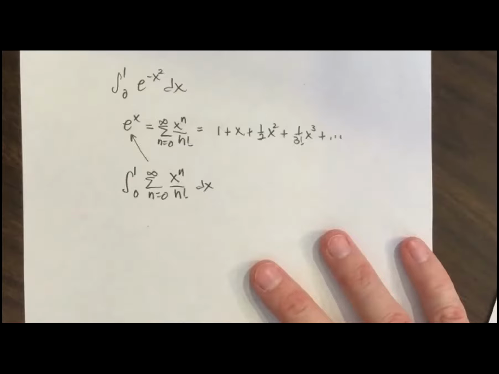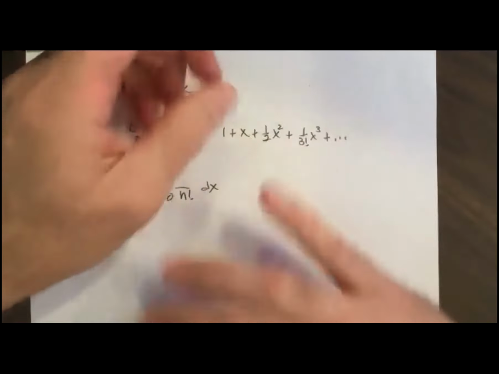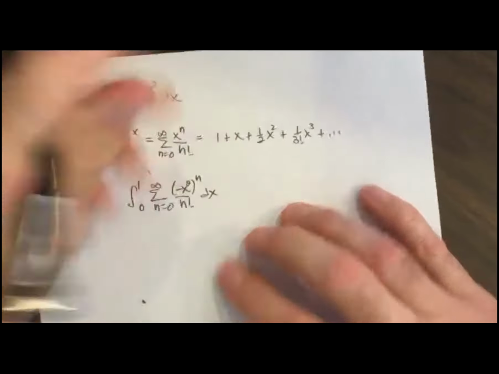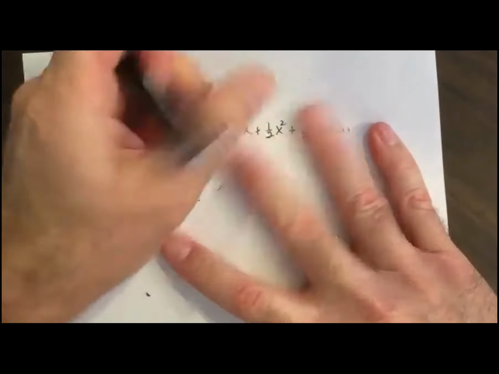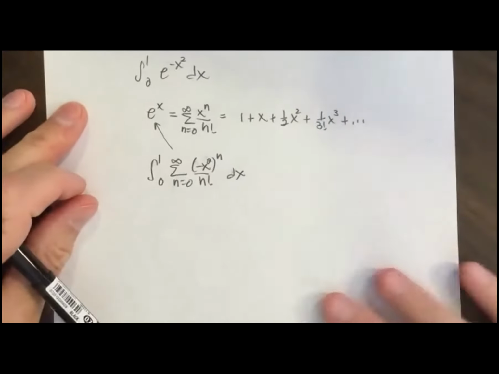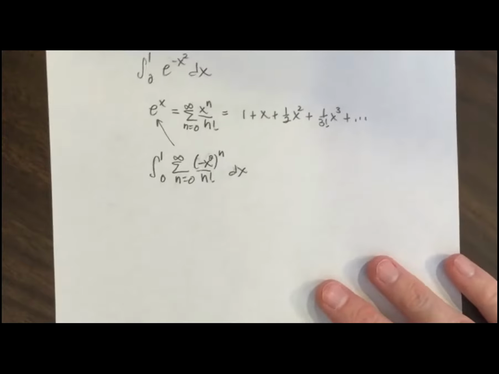And what do we really want? x is negative x squared. So maybe what I really need is negative x squared to the nth. Feeling better? Yeah, me too.